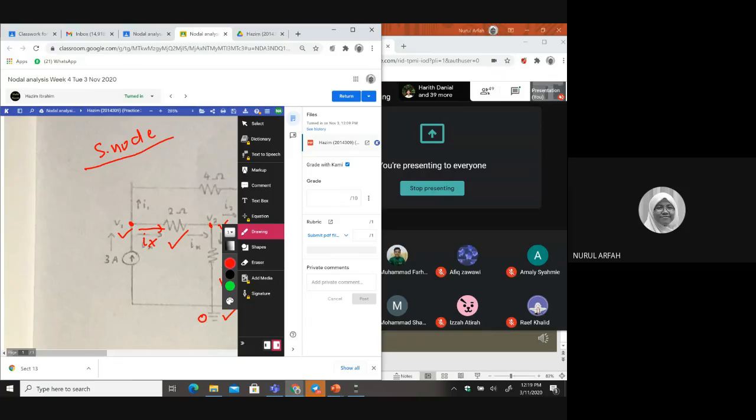As long as this is a voltage source in between two unknown nodes, then you need to know that this is a supernode. And any branch or element attached in parallel with this voltage source, you also need to include as part of the supernode.